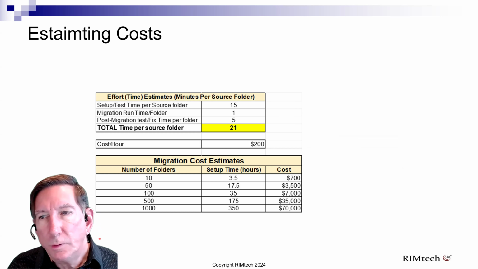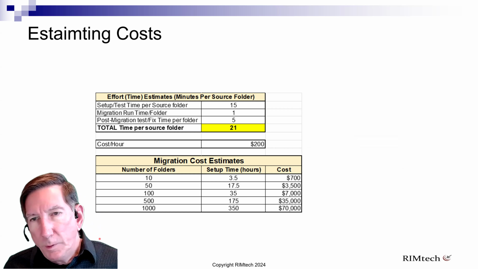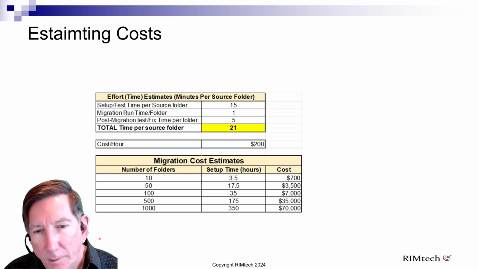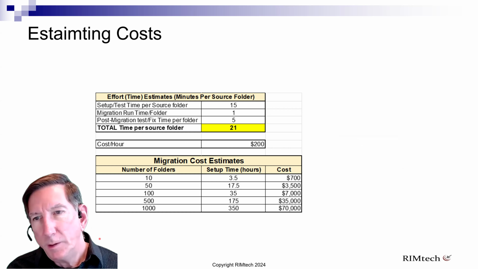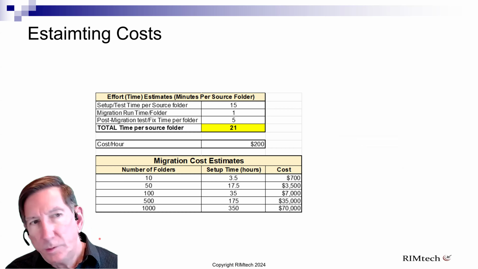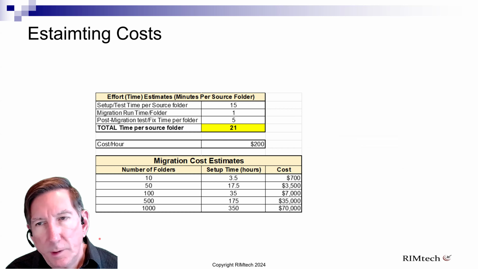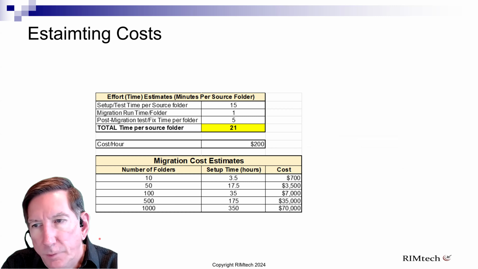So if we assume $200 an hour, then what we can say is, okay, the true cost is not driven by how long it takes to migrate. It's driven by the time it takes us to figure out the mapping and what to do with them. If we assume 21 minutes per source folder, then if we do 10 folders, that's 3.5 hours, $700.